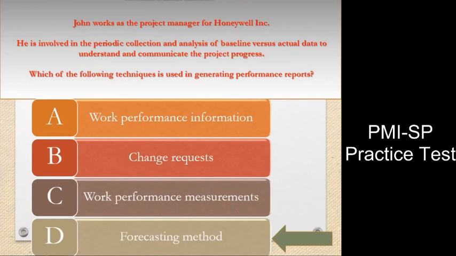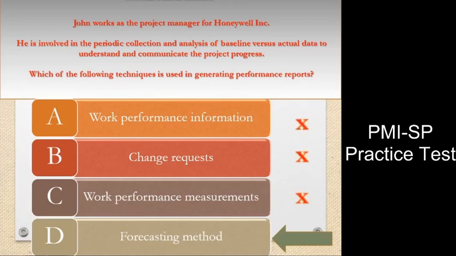Judgmental method. Judgmental forecasting methods incorporate intuitive judgments, opinions, and subjective probability estimates. Other methods may include probabilistic forecasting, simulation, and ensemble forecasting. It is one of the tools and techniques of the report performance process.